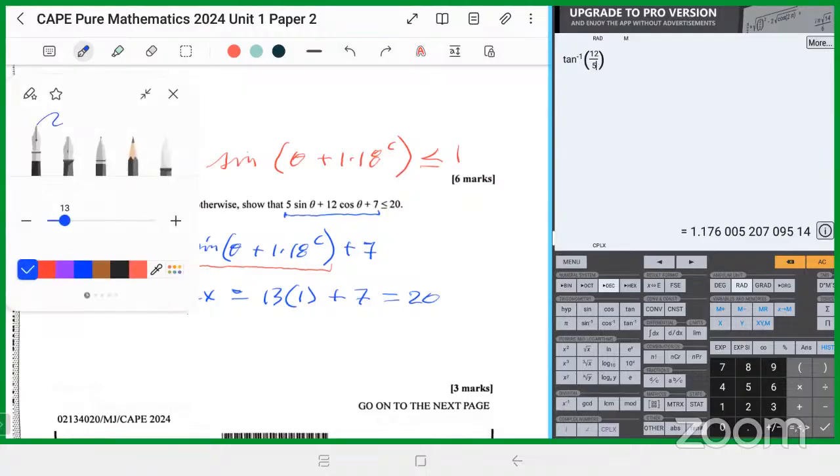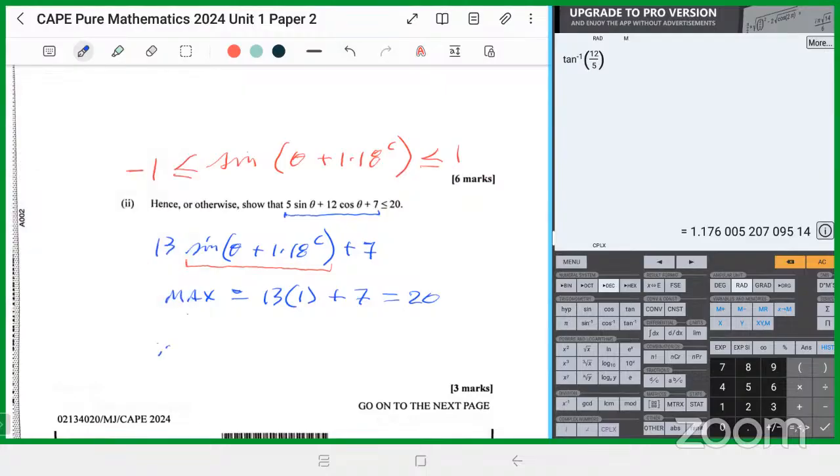Therefore, I like to make reference: the expression 5 sine theta plus 12 cos theta plus 7 is less than or equal to this maximum, which is 20. I think that's good enough.